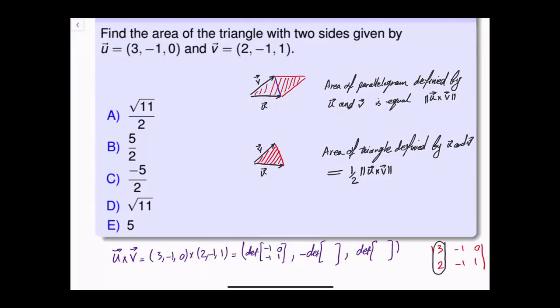Then cover the second column. That will give me a 2 by 2 matrix 3, 0, 2, 1. For the third one, you cover the third column, which will give me the matrix 3, -1, 2, -1.